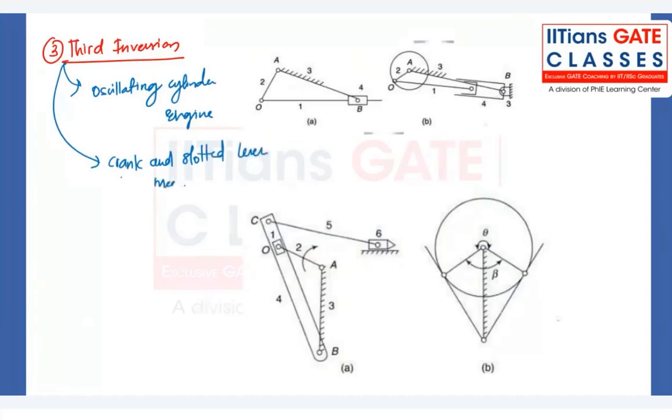This is similar to the Whitworth quick return mechanism. The only difference here is, you can clearly see here also we have theta and beta, and we can expect that during the cutting stroke we will have the larger time, and during the return stroke we have the lesser time.